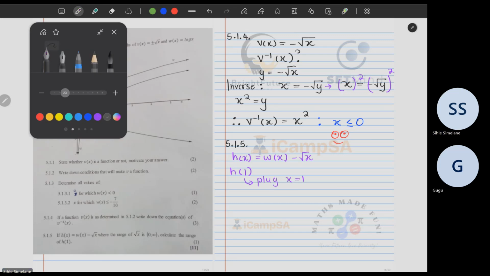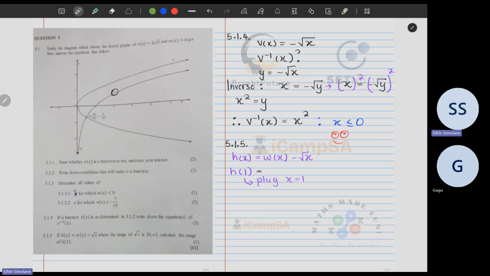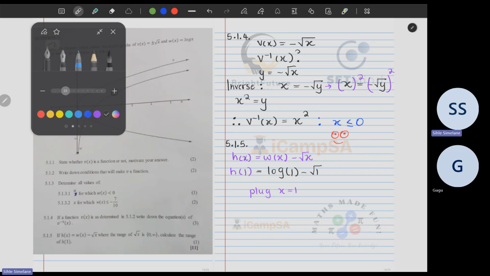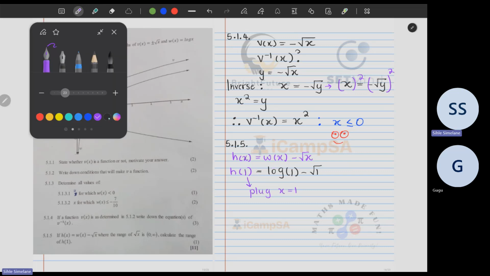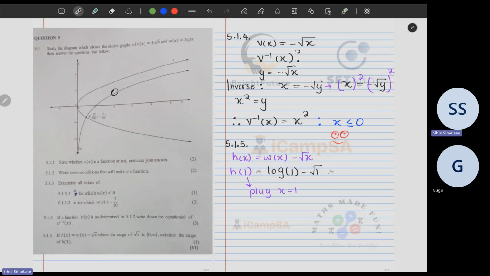So we know that w is log, and then we put in 1 minus the square root of 1. What h of 1 means is wherever you see x, plug in 1. So what do we get here? There's the answer. Log of 1 is 0. So our answer becomes negative 1. That is it.